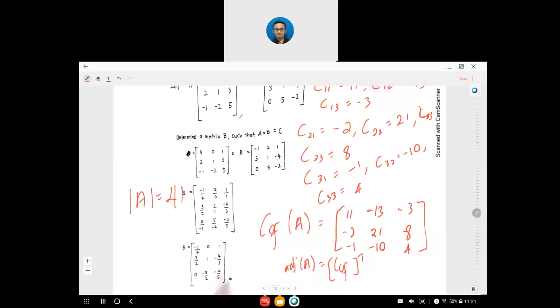Nanti you check. Lepas tu dah dapatlah A inverse. Bila dapat A inverse nanti, darabkan dengan C. So you can get matrix B, because we know that matrix B equals A inverse times C. Okay, nanti awak check. Boleh?